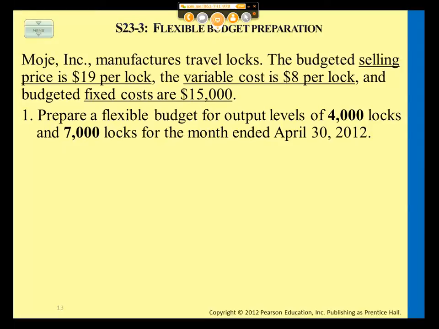So let's do that. You're probably going to need no more than 5-7 minutes. So once you get your operating income for both, let me know what the numbers are, and I'll look around how you guys are doing, okay?